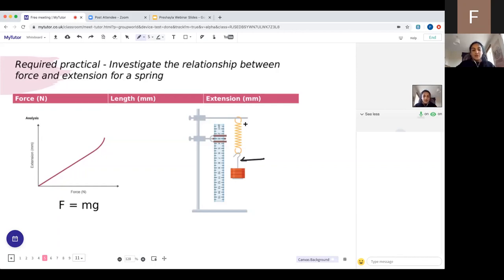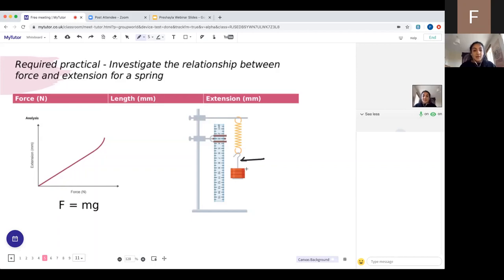Okay, now you'll notice that we have force here, but we're adding on masses here. Remember, mass and weight are 2 different things. Mass is just the value, so 100 grams, 200 grams, 300 grams. But to be able to do this experiment and plot it on a graph, we need to work out the force.